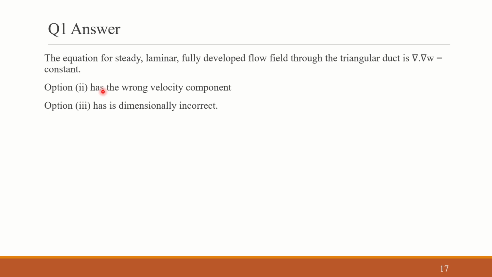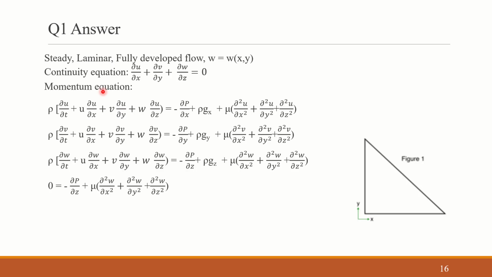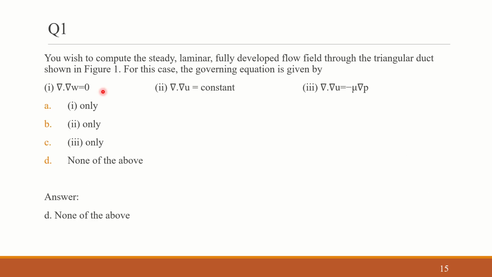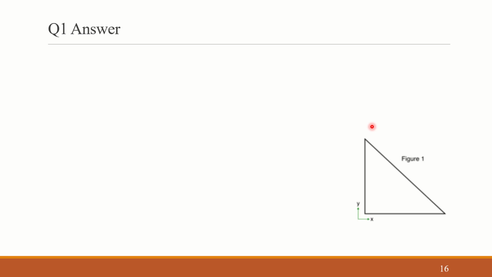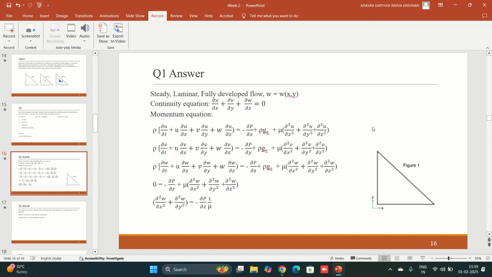And the third one is also dimensionally incorrect, it also has the wrong velocity component, and apart from that it is delta p divided by mu, not mu into delta p, so that is also false. But we could consider it in vector form, though dimensionally it is wrong. So I hope it is clear.